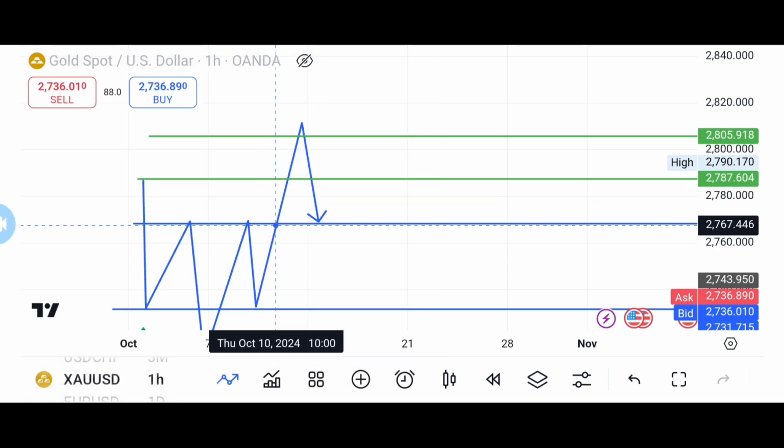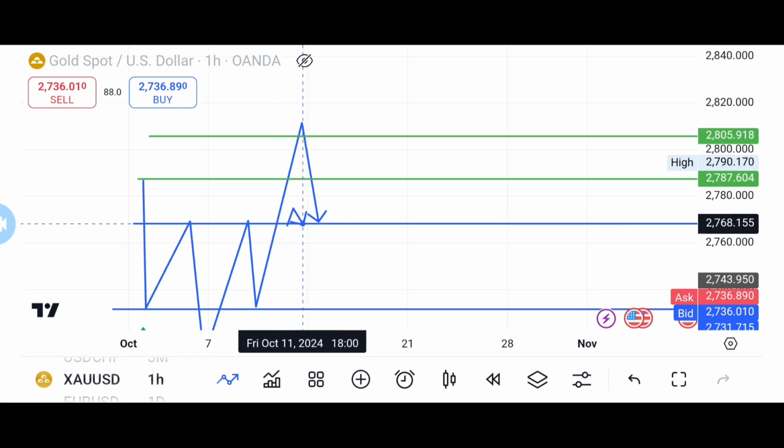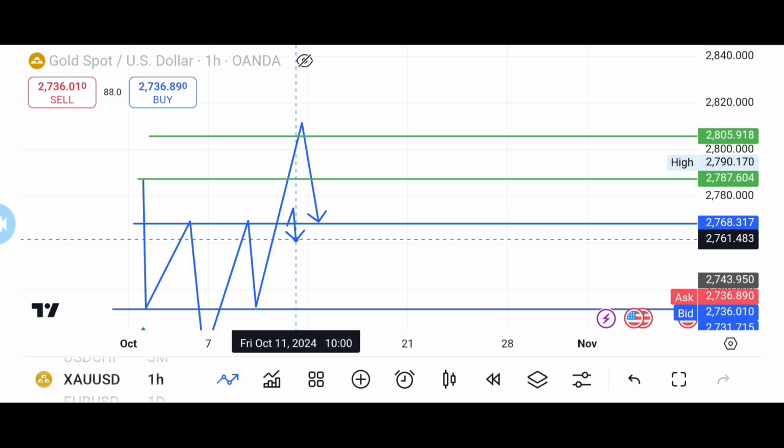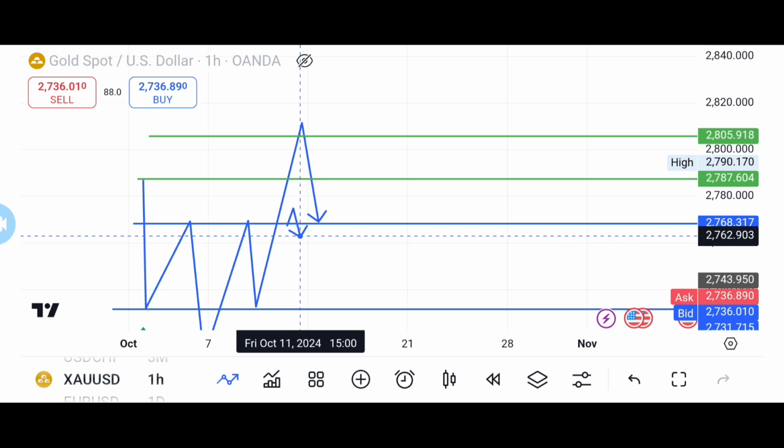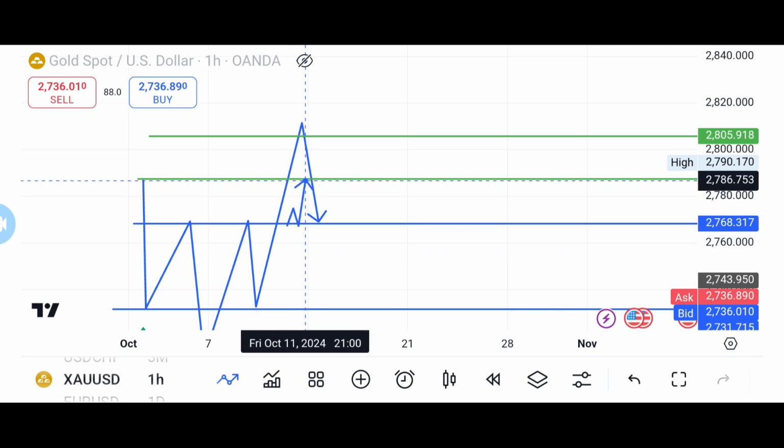Once this is broken and then retested, the rule of this setup is the candle should not break below this neckline. Sellers will not break this downward. So we are going to enter here and take the TP1.